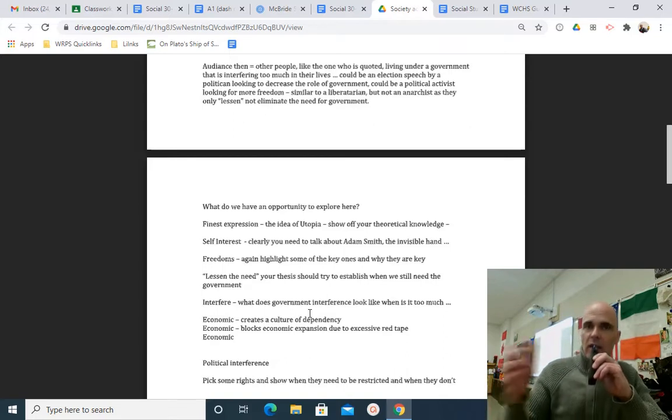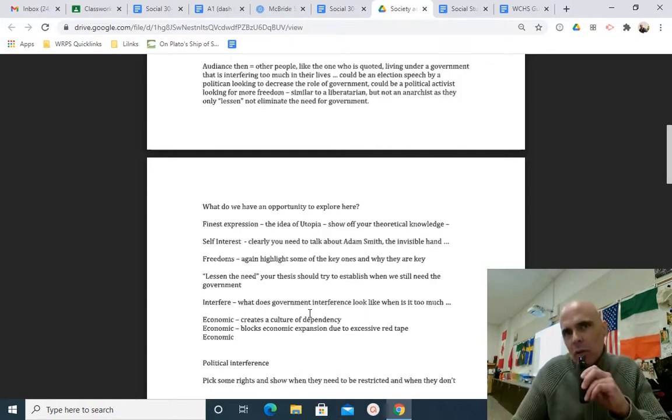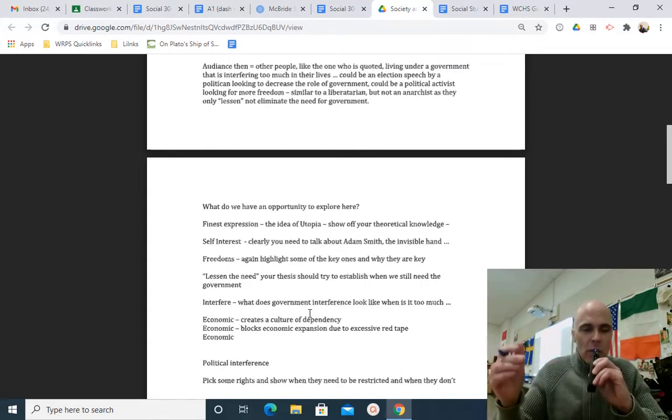Because what the source is beginning is a conversation about to what extent really do we need government in our lives. And therefore, in an economic sense, we've talked in Social 30 many times, what parts of the economy warrant government intervention, and we talk about products, or we talk about industries that should be regulated.